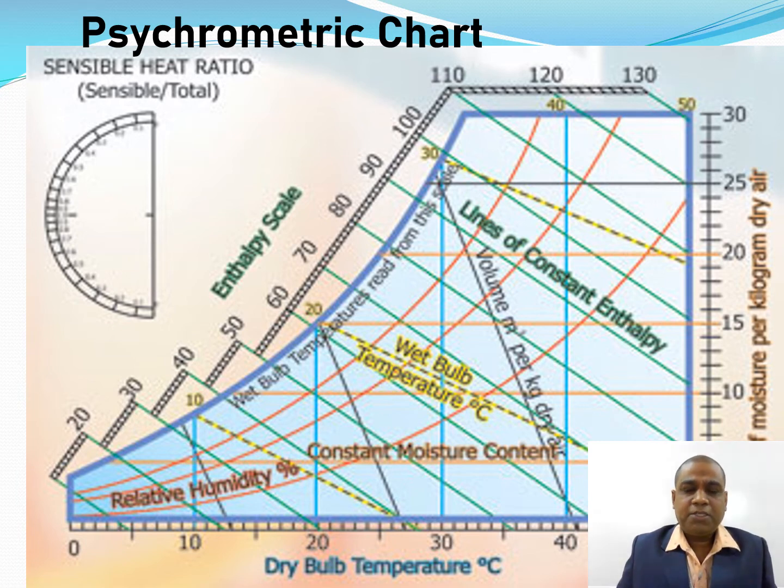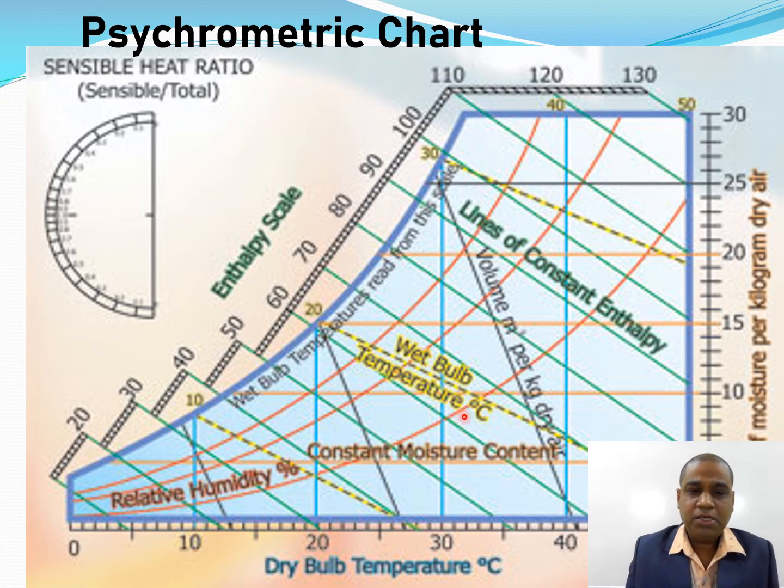So the next part is our psychrometric chart to know the different properties of air. Different properties means the dry bulb temperature, wet bulb temperature, specific humidity, specific volume, relative humidity are the different properties of air.